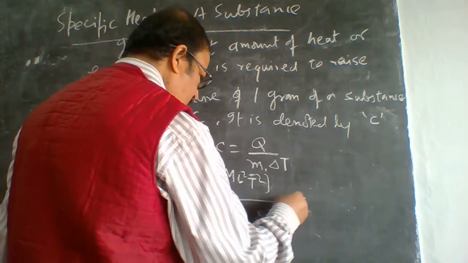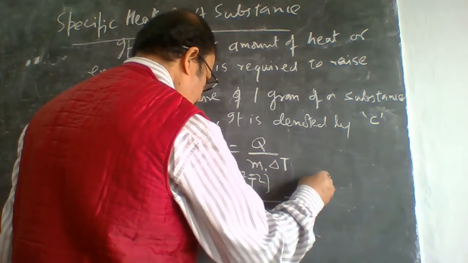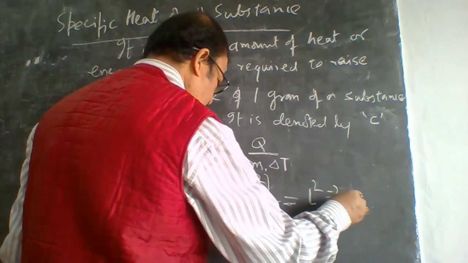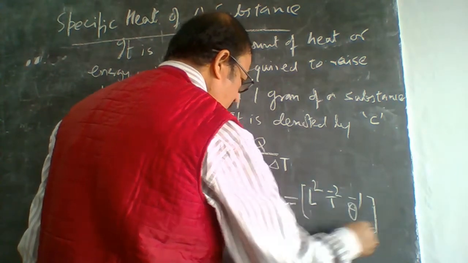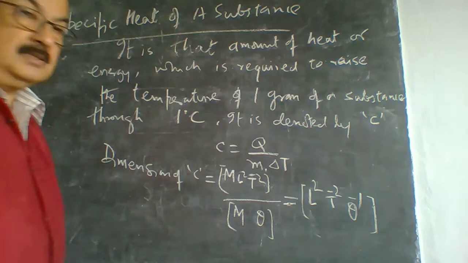M cancels out, we have L square T minus 2 theta minus 1. This is the dimensional formula for specific heat.